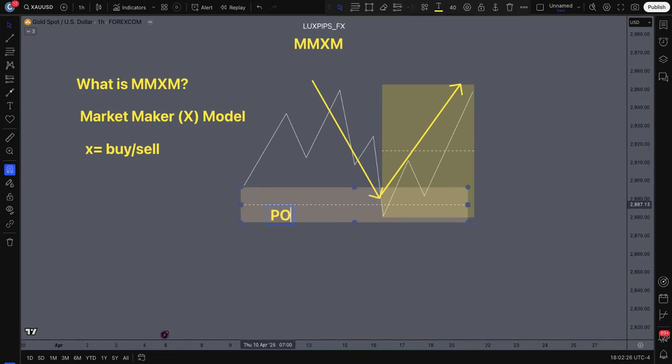Write that down. Let it form a structure, and then it will commence the buy model. And in inverse, this would be the sell model, and you would want the buy on the left side.